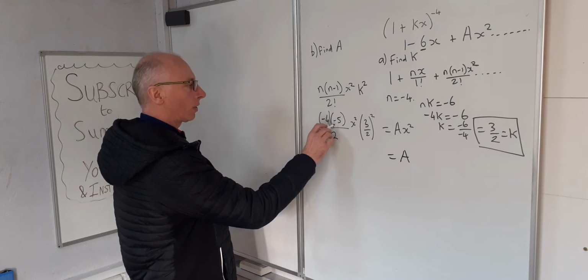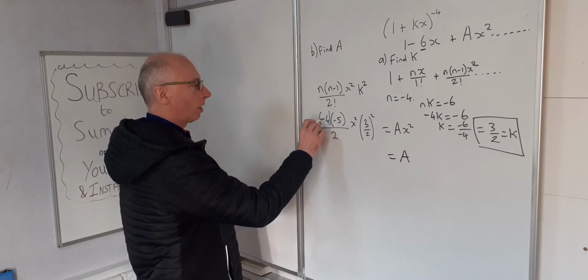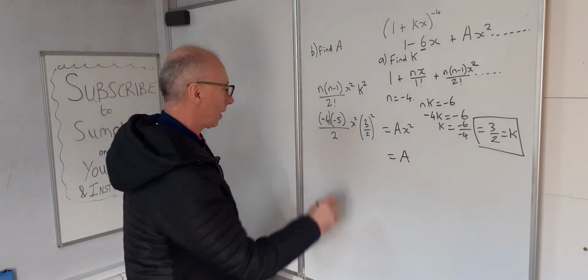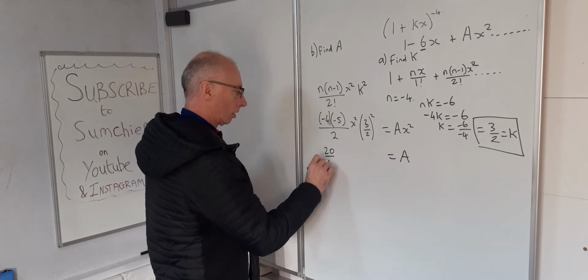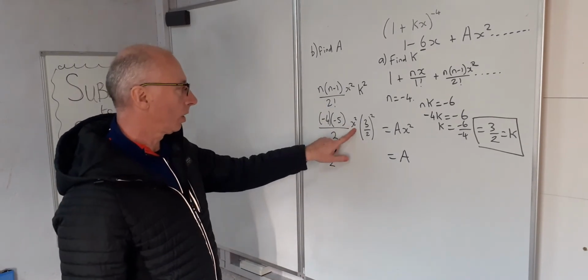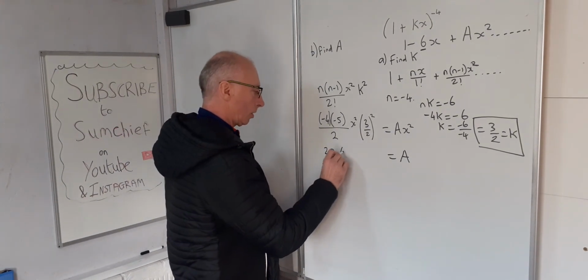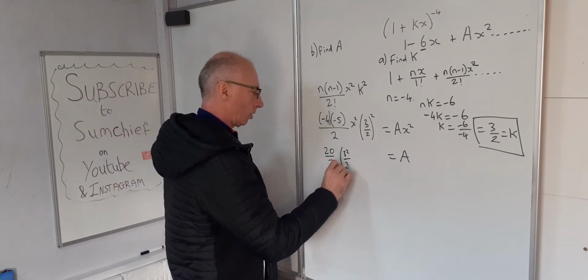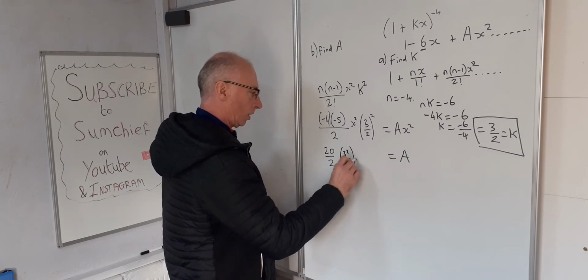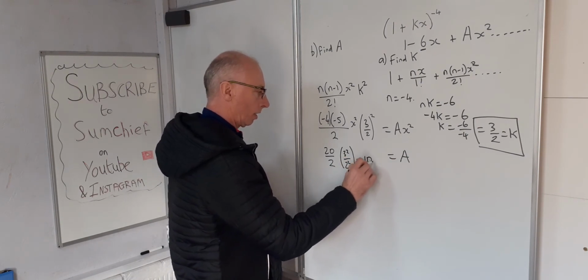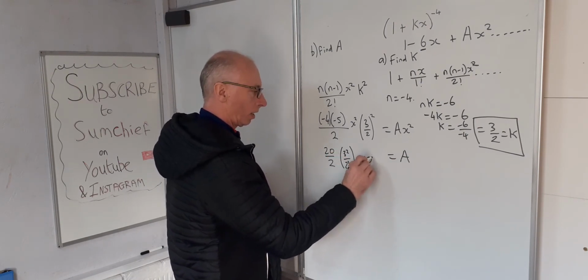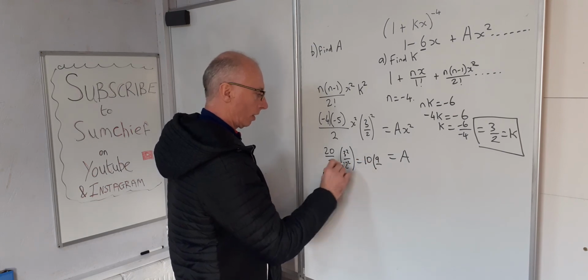Minus 4 times minus 5, 5 fours are 20, two minuses make a plus, so that's 20. 20 over 2. x² we've taken care of. 3 over 2 squared is the same as 3² over 2², which gives 10 times 9 over 4.